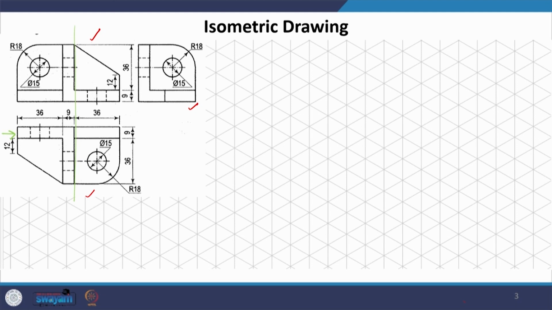So, if I have to draw the front elevation, I am just drawing this front elevation here. I am not following the dimensions here. I am only taking this part because there is no line here.